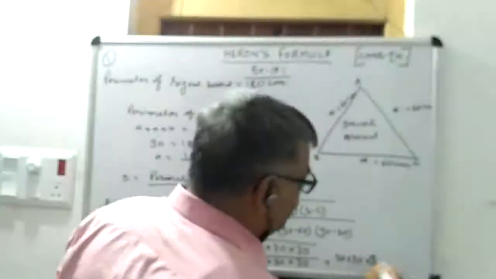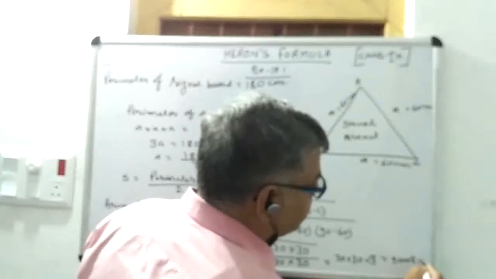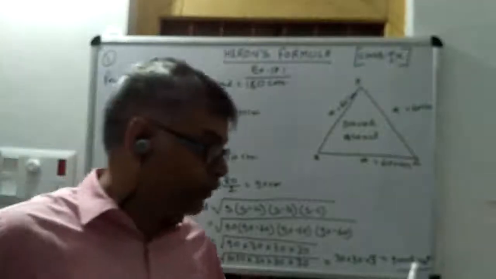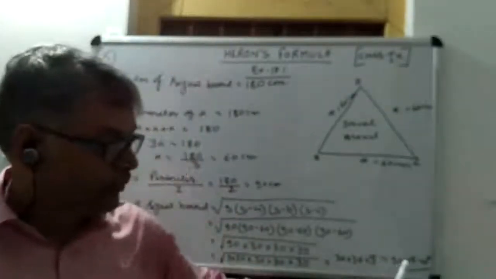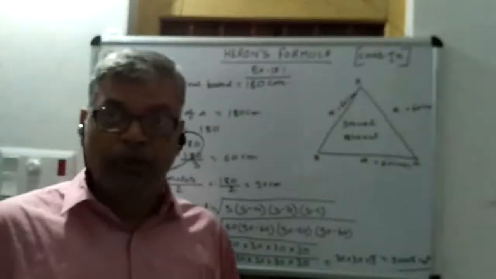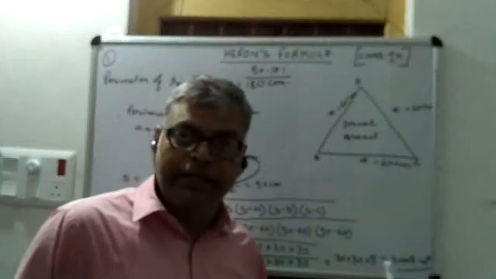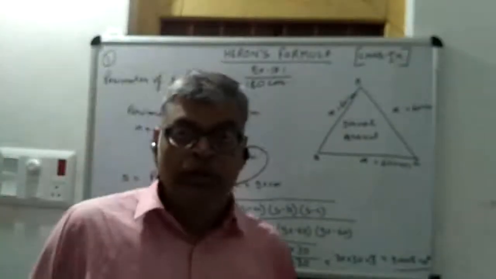So now your value will be 900 root 3 centimeter square. Now here you can put the value of root 3, because you know the square root of 3 is 1.732, and then you multiply it by 900, then you will get the approximate value.